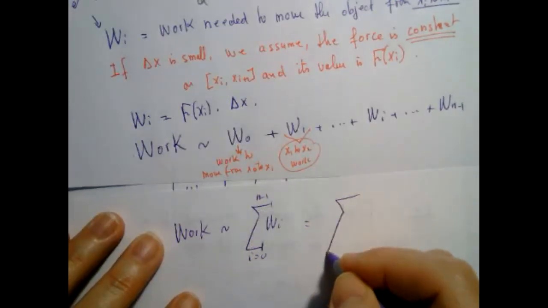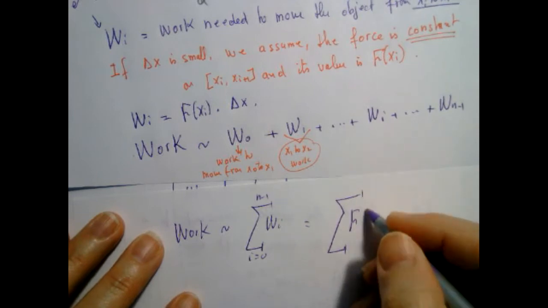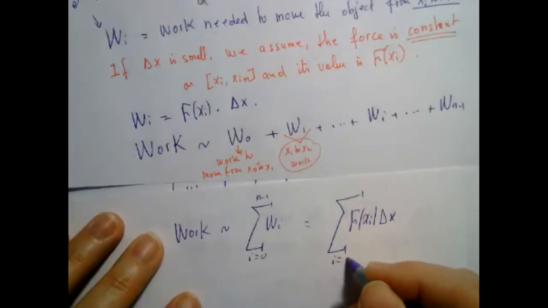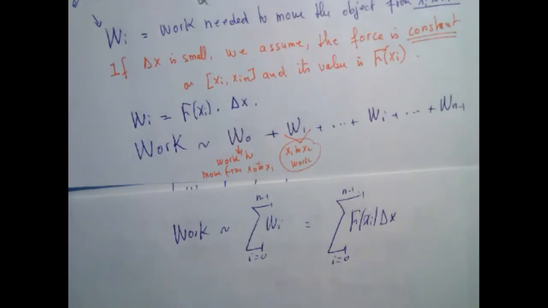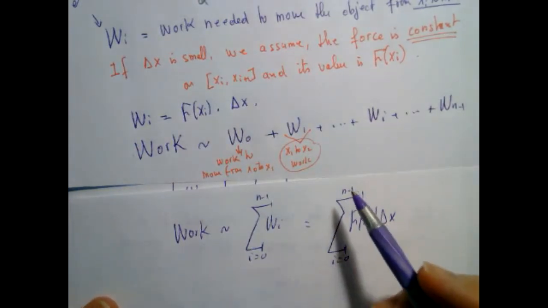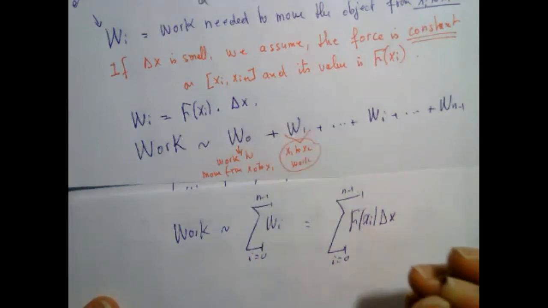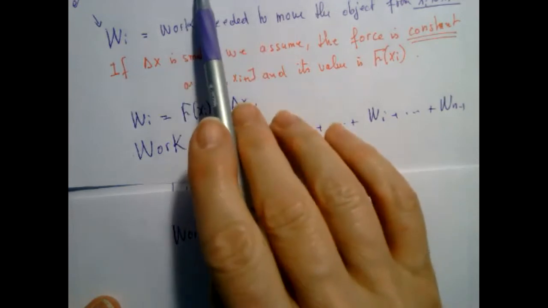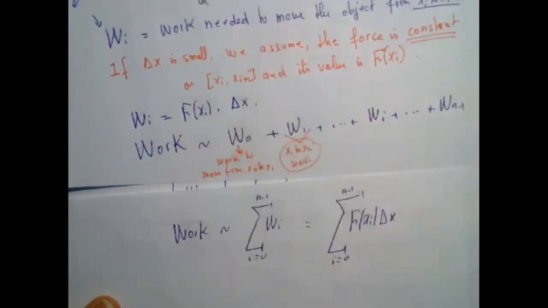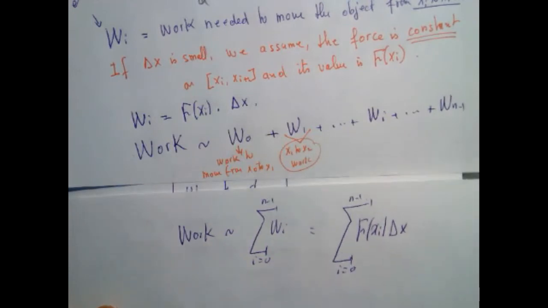It means the sum of f of xi delta x, from 0 to n minus 1. Again, we always go after a Riemann sum. And the way we went after it here is we added the contribution of work. So the contribution of the work from here to here, plus from here to here, plus from here to here, plus from here to here. So we can assume the force is constant and use what we need.